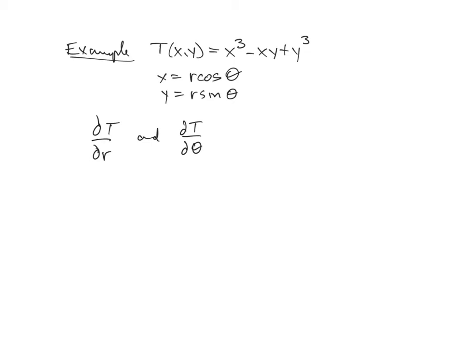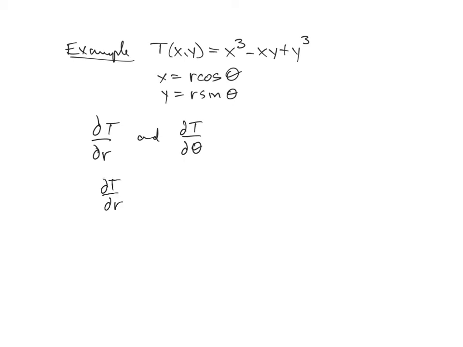If I take these expressions, r cos theta and r sine theta, and substitute them everywhere I see an x and a y, then this function becomes a function of r and theta. So T is a function of two variables, so if I'm finding the derivative of T, it's a partial derivative: the partial derivative of T with respect to one, r, or with respect to the other, theta.